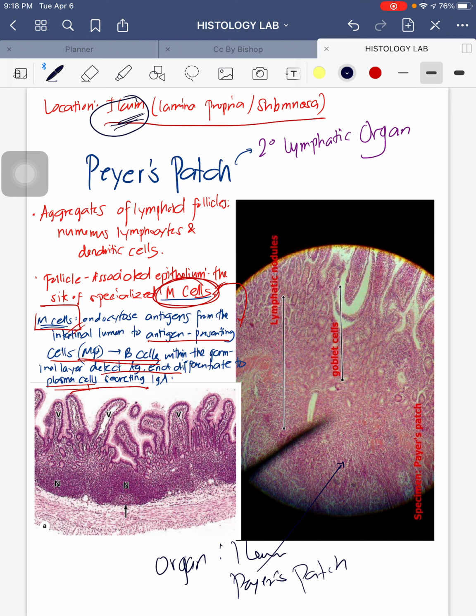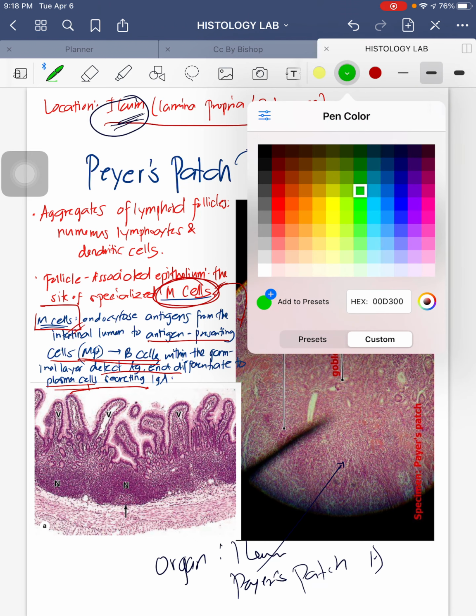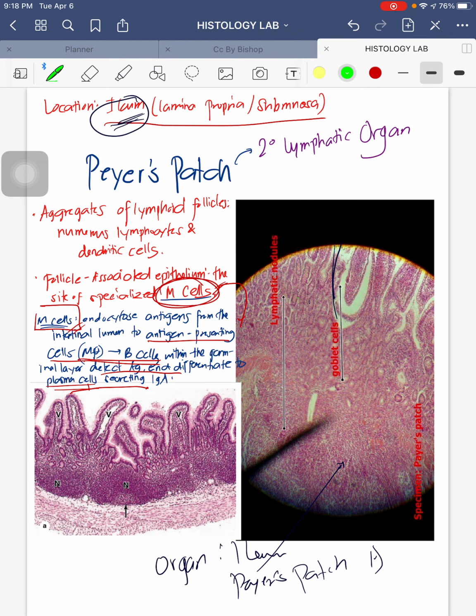And how will you know that this is Peyer's patch? You look at your guiding structures. First is the villi here, the villi that usually have goblet cells. If you view it more, you will see goblet cells in these villi.